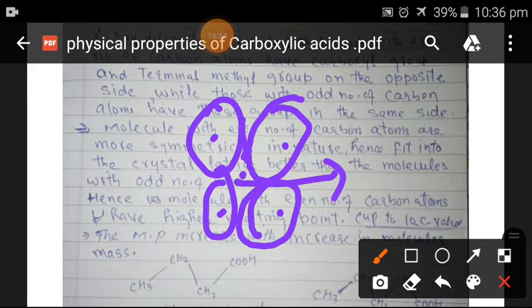Clear? So the molecule with the even number of carbon atoms gets fitted into this crystal lattice, as compared to the molecule having an odd number of carbon atoms, which does not get fit into this crystal lattice. Clear?